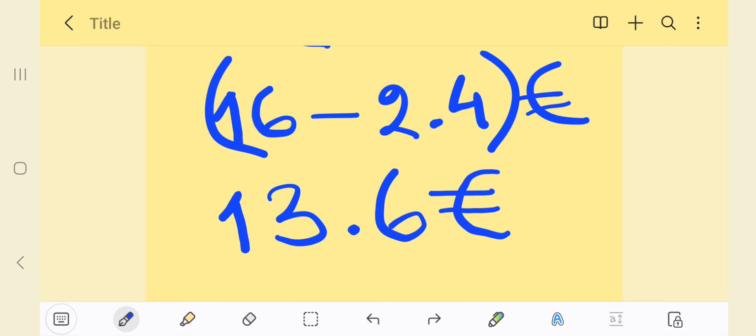So 13 euros 60 cents. This we need to pay. I hope you can do this simple one, or I will show it for a full view or full clarification of how we got this.